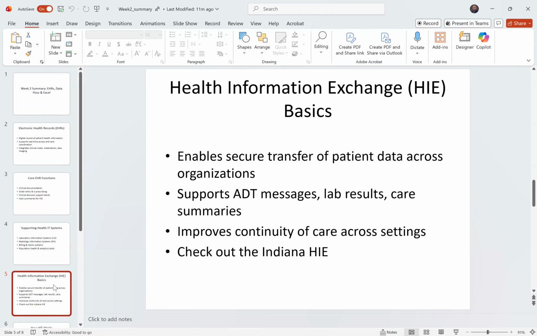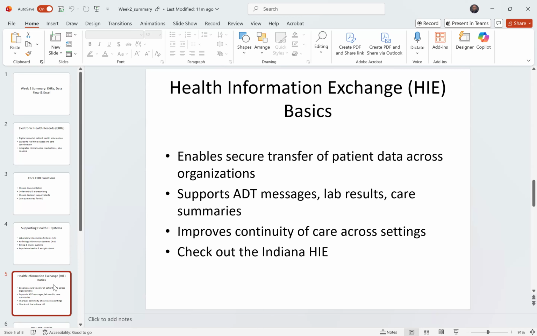HIEs do this, and that makes it easier for individuals as they go to an emergency department. If their information is available through a health information exchange, the clinicians can pull it up and say, oh, you were somewhere else last month, and you had these tests already, and they reveal this.